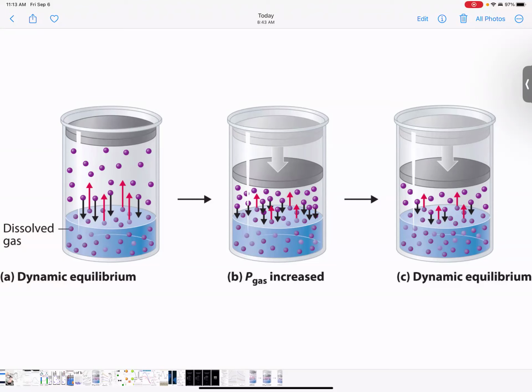By decreasing the area above the liquid level, what it means is those gas molecules, which are zinging around and moving around and bouncing around, are going to encounter that liquid level more frequently. And so by putting pressure on the movable piston, some of those gas molecules above the liquid level are going to go into the liquid.